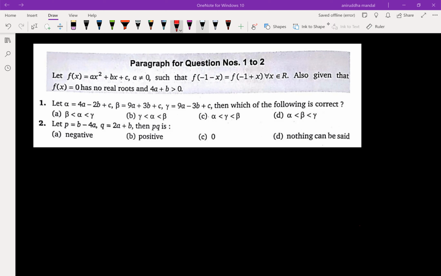So the first problem says: f(x) equals a quadratic equation, ax square plus bx plus c, and it is said that f of minus 1 minus x equals f of minus 1 plus x for all real values of x, x belongs to R. It is also given that there are no real roots, which means f(x) equal to 0 has no real root.